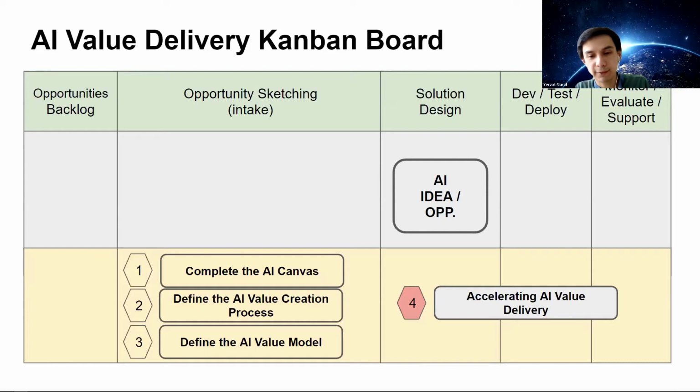I'm going to talk about some principles and rules and give you some real use cases that I've encountered that basically help you bridge the gap between opportunity sketching and getting to that monetary evaluation and support phase. So that's essentially how to accelerate the value delivery.